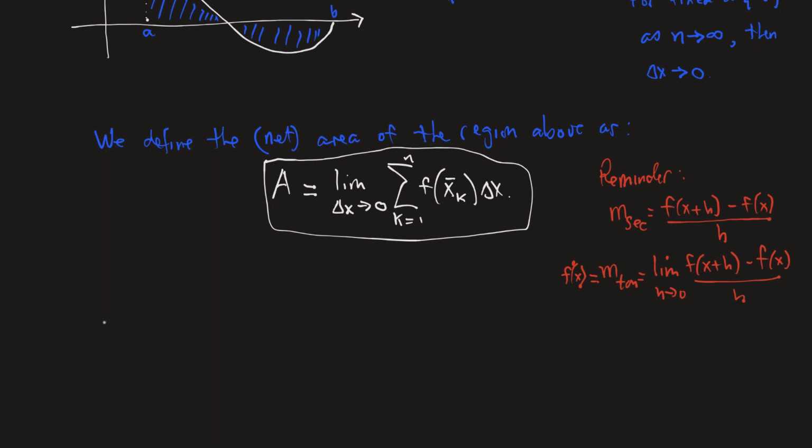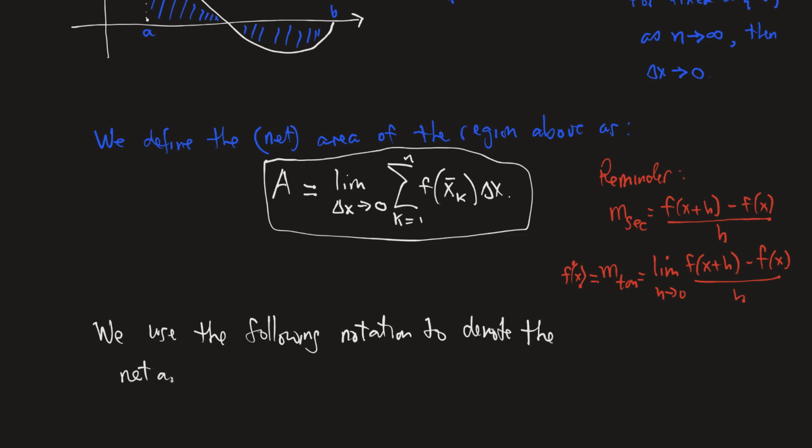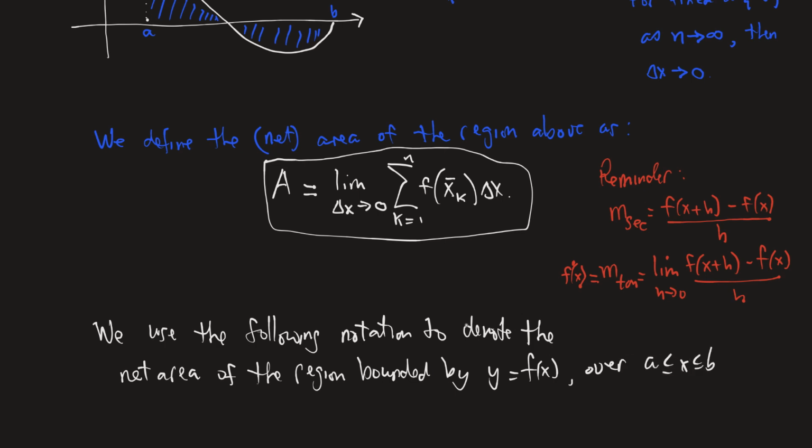Okay, so we use the following notation to denote the net area of the region bounded by y equals f of x over this interval, provided this limit exists, right?